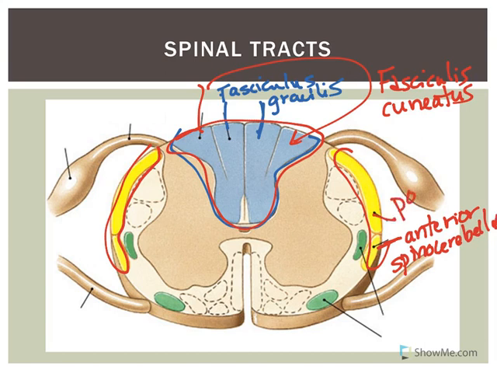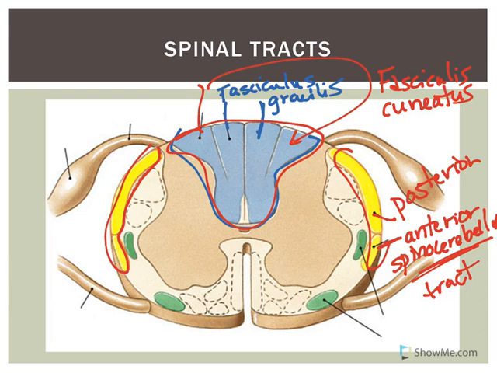This one is the posterior spinocerebellar tract. So that's going to tell you it's going to go to the cerebellum. These are different because you don't have the decussation like you do with the other ones. The information from the right side of the body is going to be interpreted in the right cerebellum. Information from the left side of the body is going to be interpreted in the left cerebellum, so they're ipsilateral.